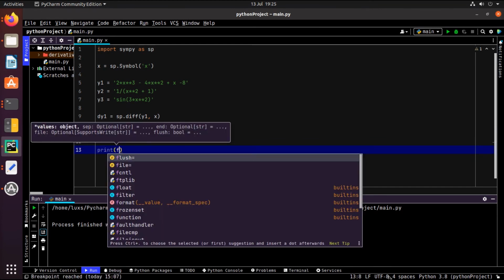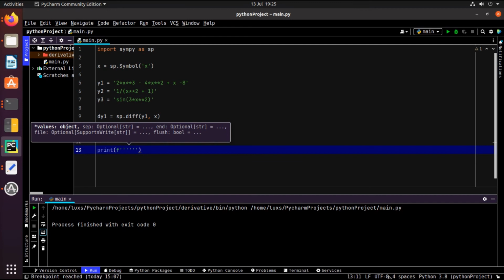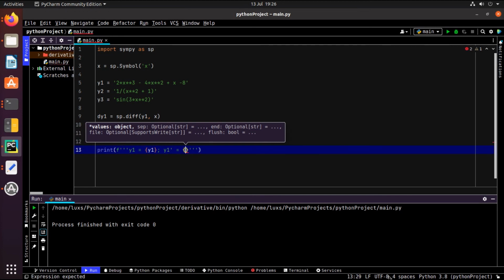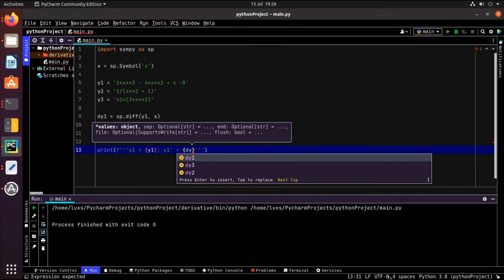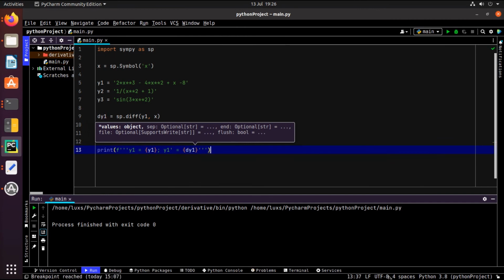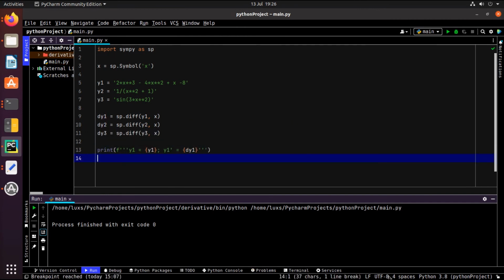And now let's print out the results with an f-string. So we will print out our function and our derivative. Now let's copy this line and change it for the second and third function.